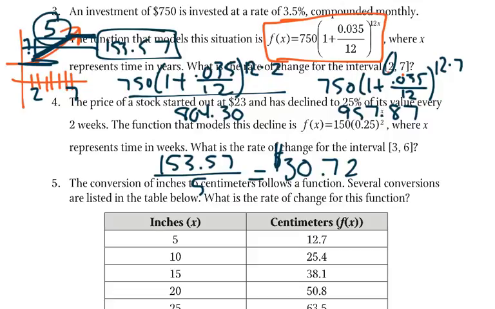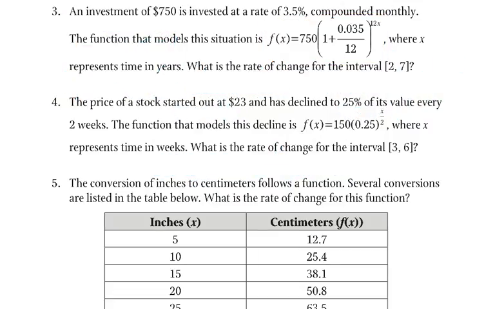Okay? So 4 is the same exact process. Intervals of 3 to 6. Here's our function, so I put it in for that one, and then get my answer, which is 18.75.